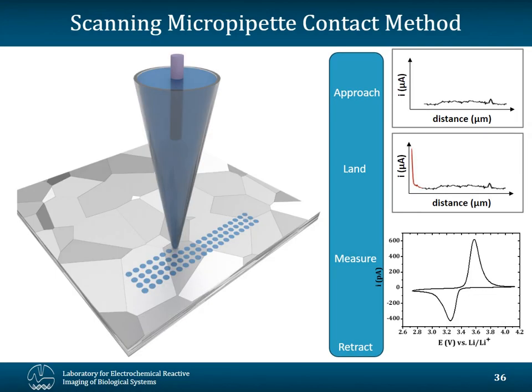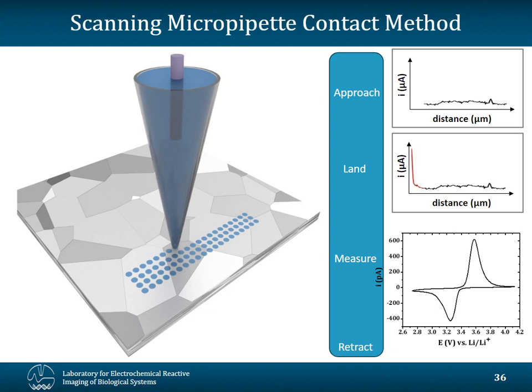So this is really interesting because you control very precisely the time of exposure of your surface to the electrolyte. It's not that critical for the battery work that I'm discussing here, but it's definitely important in terms of corrosion studies, which we'll talk about later on.